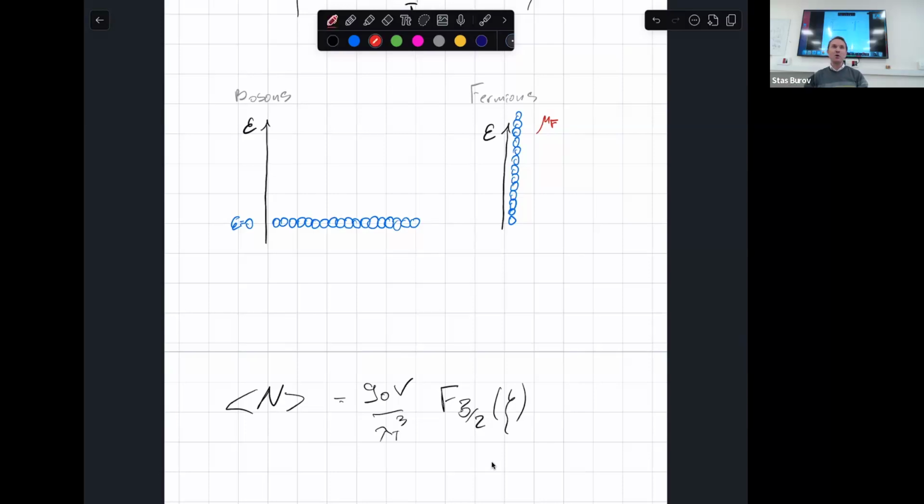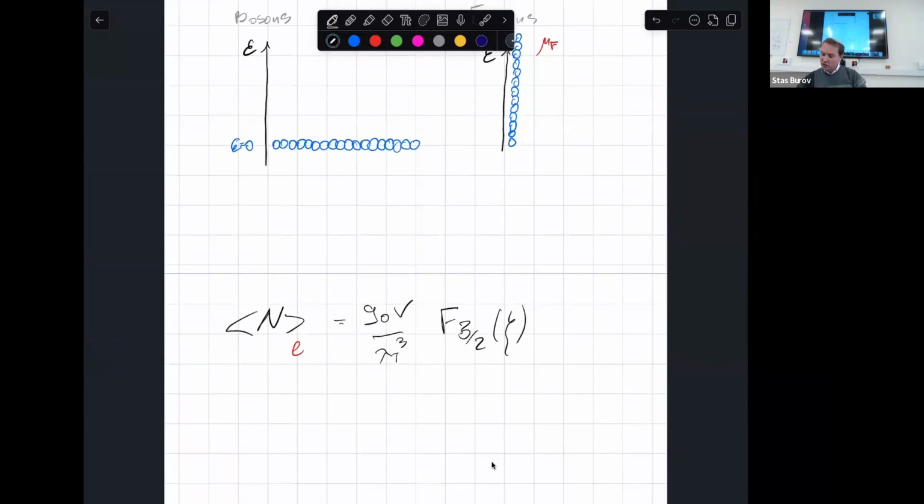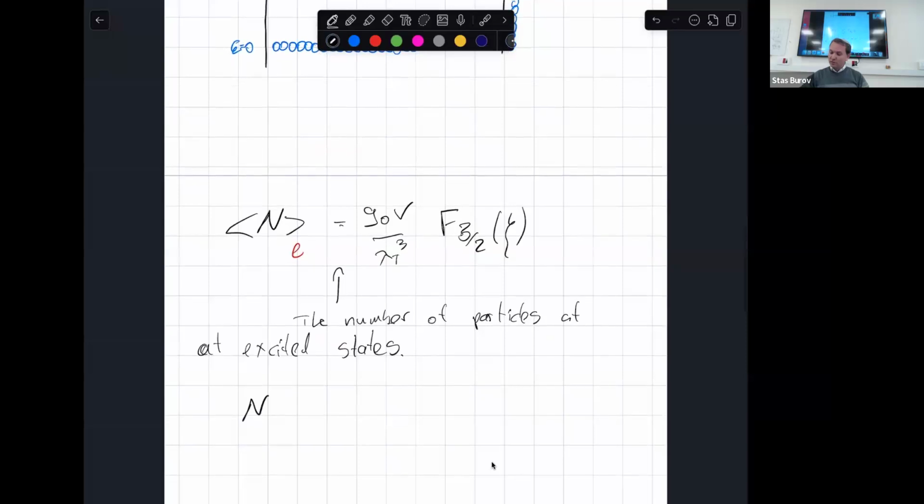Now, instead of just saying that this is the total number of particles, we can say that those are the excited guys, because we know that something else happens at the lowest level. So those are the number of particles at excited states. What happens to the other particles? Well, the total number of particles is n0 plus n excited.